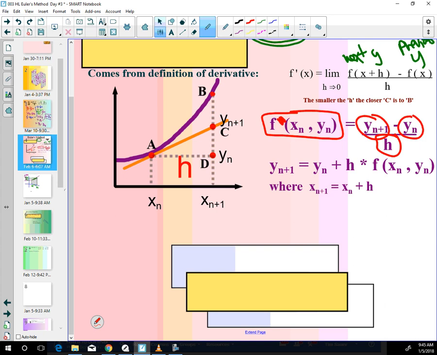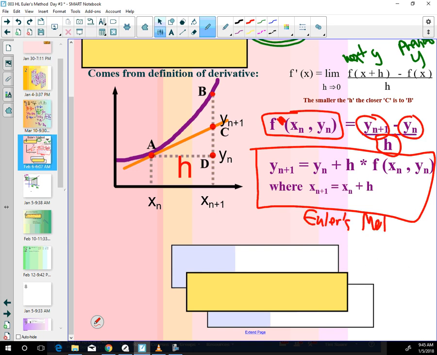If you take h times this and then add the yn, you're going to get the next term. And so this is Euler's method, Euler's formula for finding it.